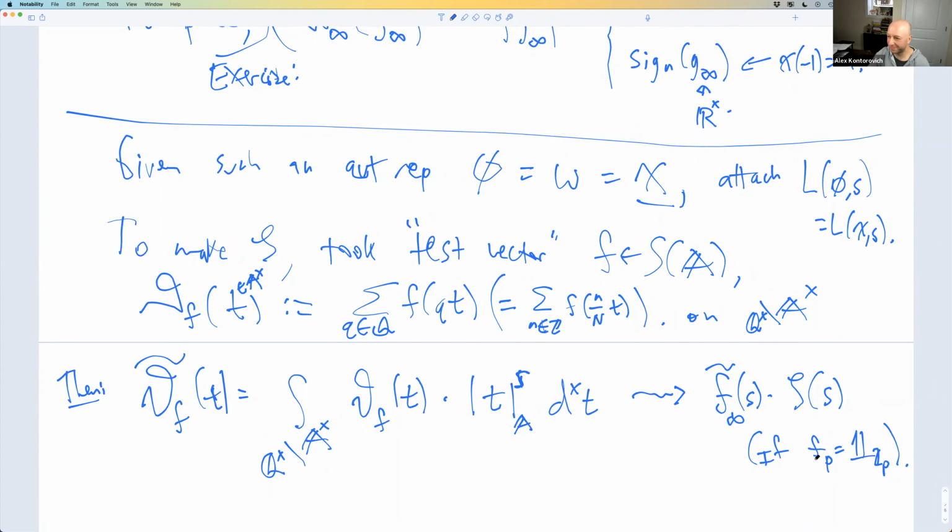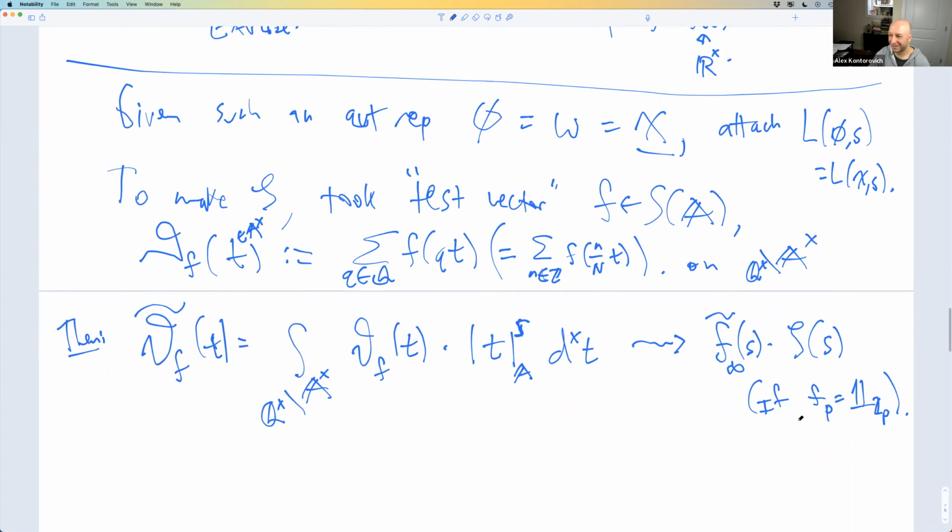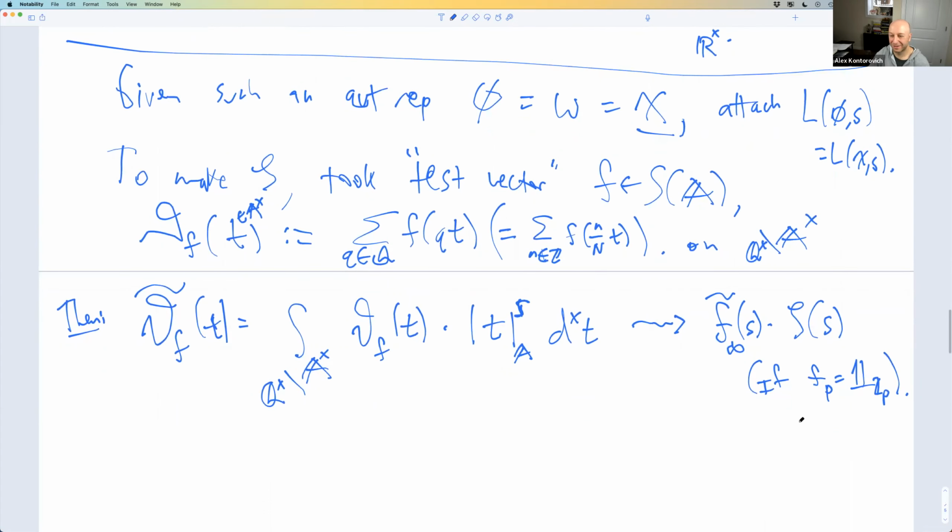That sound familiar? Because that was how we were dealing with our test function, right? Being Schwartz means that almost every place is the indicator function of Z_p. So you can make your test function a bit more flexible, and then you might get other things?